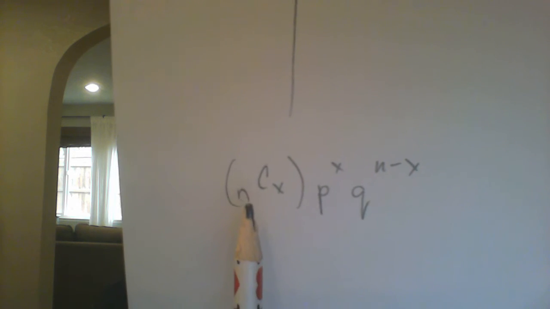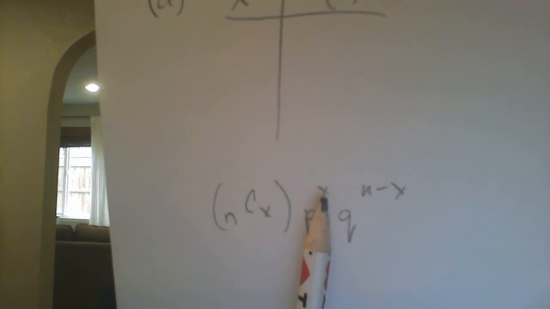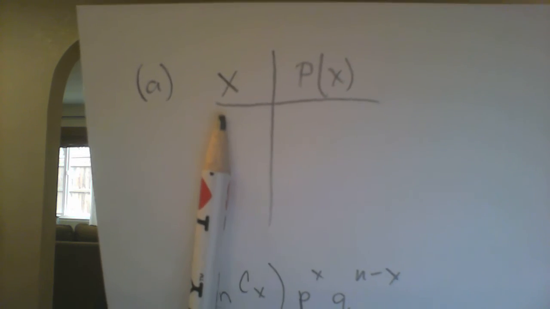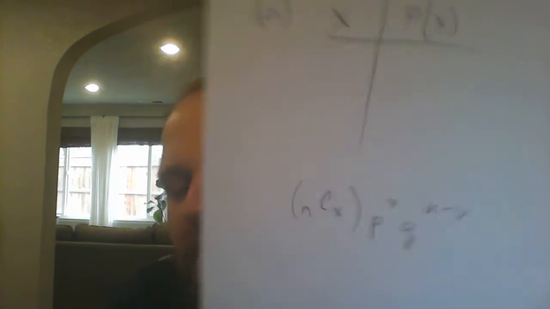And they give you n and p. Q is just 1 minus p. And x, you're going to take turns replacing with 0, 1, 2, 3, however many of those you have, right? So if you want to do it by hand, that's the formula you would use. If you want to do it in StatCrunch, then you can do it using the binomial calculator the same way, right? So they give you n and p for part A of that problem.